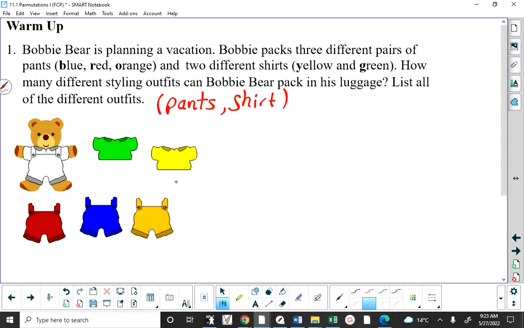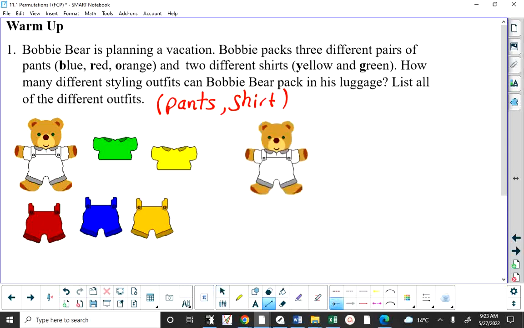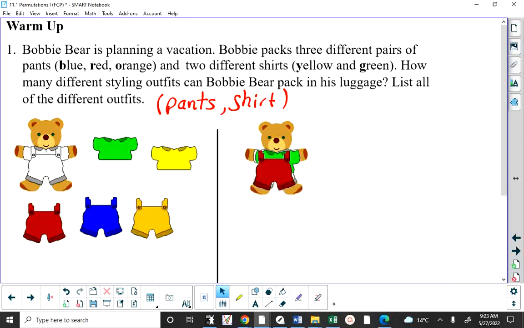Essentially, Bobby Bear can wear the green shirt and the red pants. And then what I would say is that this is RG. That's what I'm talking about in terms of listing them. I could draw it, or I could say red pants, green shirt.